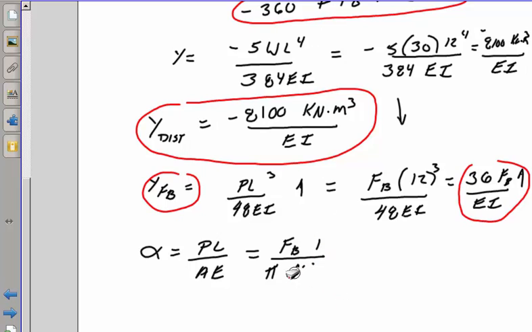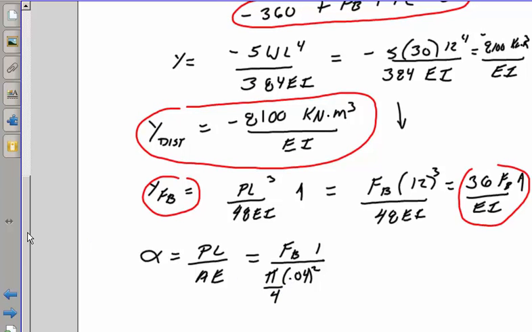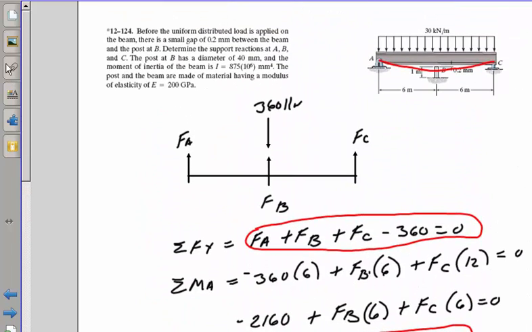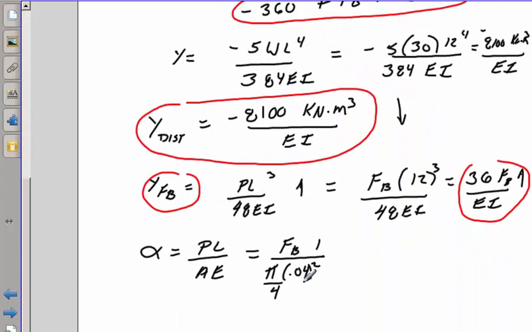Let me change that real quick. That, and let's just see if the materials are all the same too. Okay, so we're just going to put E into that because we have the value here. Alright, so we'll run the calculator real quick and see what we get with that one.